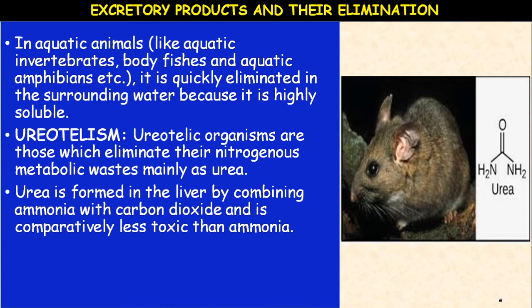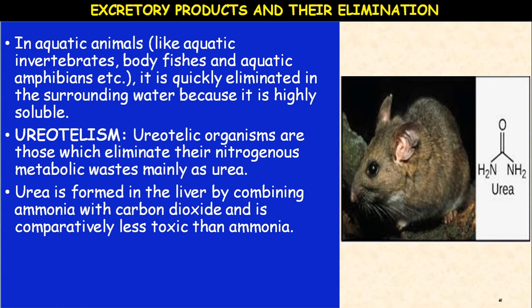So there is one specific cycle that takes place in terrestrial animals, mammals. That is the ornithine cycle. It is a special cycle that takes place in the liver.